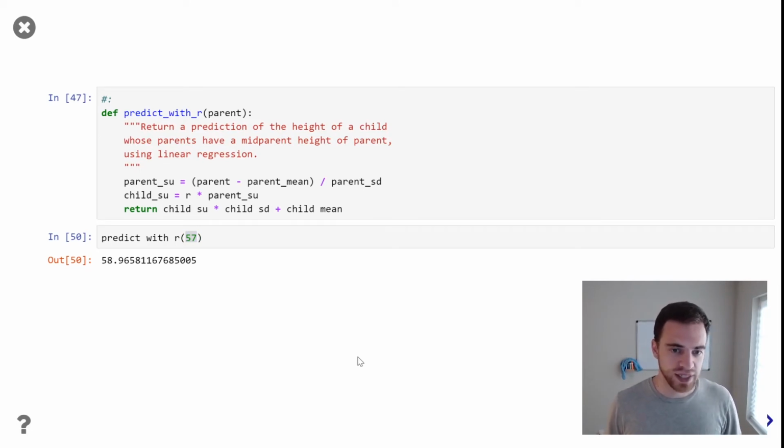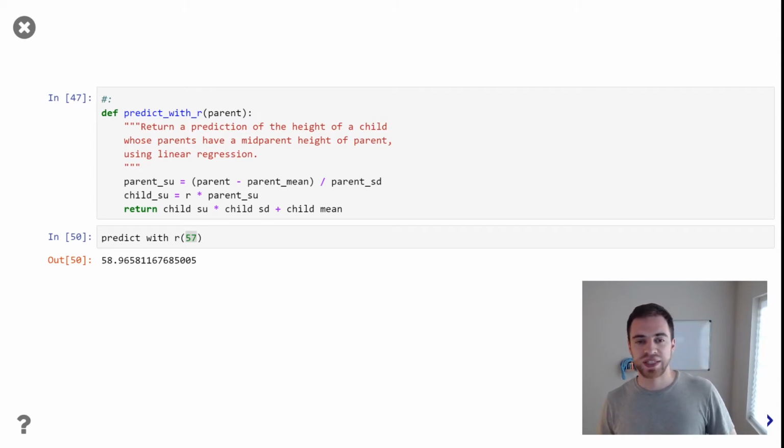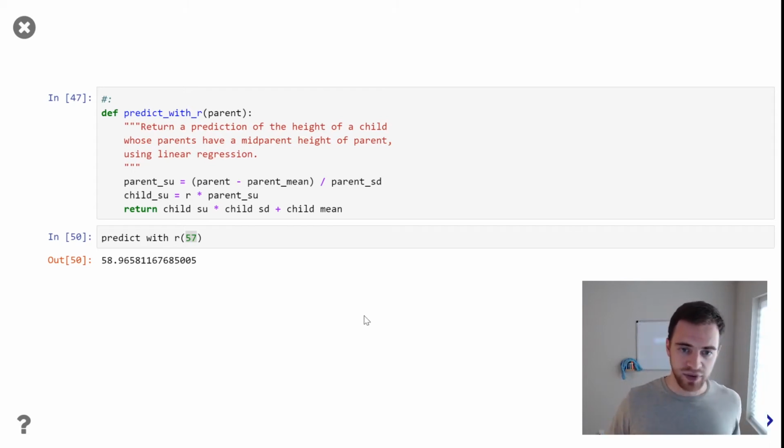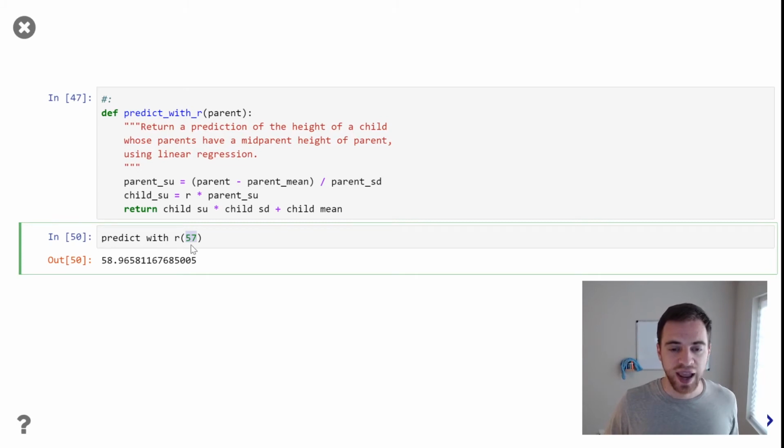Think about it for a second. What I'm asking is, is 57 below average or above? It has to be below average, because after I plug this into my function, I'm getting a larger number. I'm regressing towards the mean. So if I started at 57 and went to 58.9, that means 57 had to be below average.